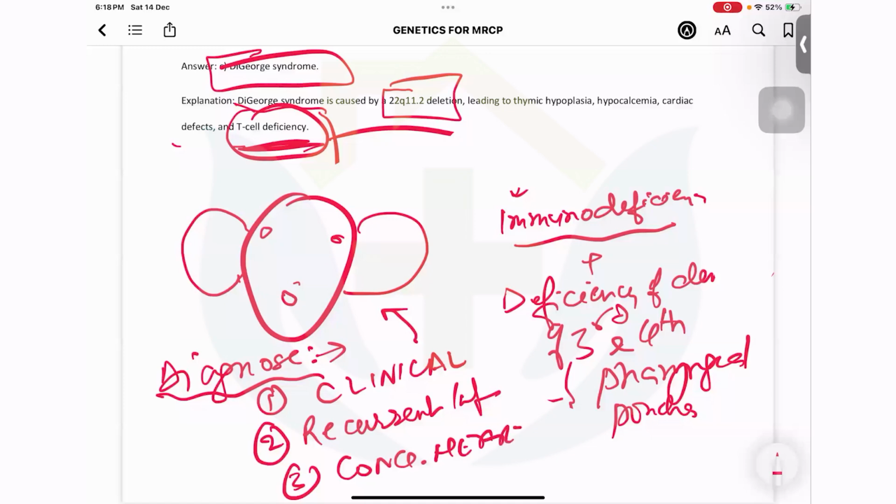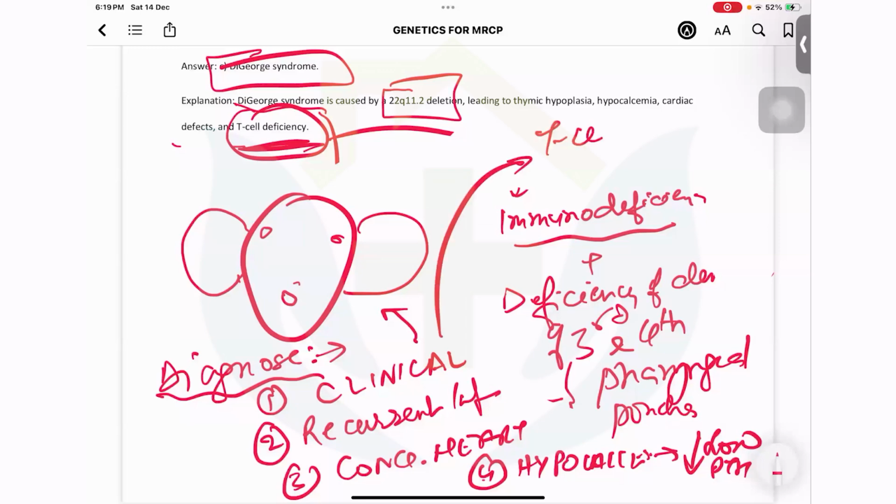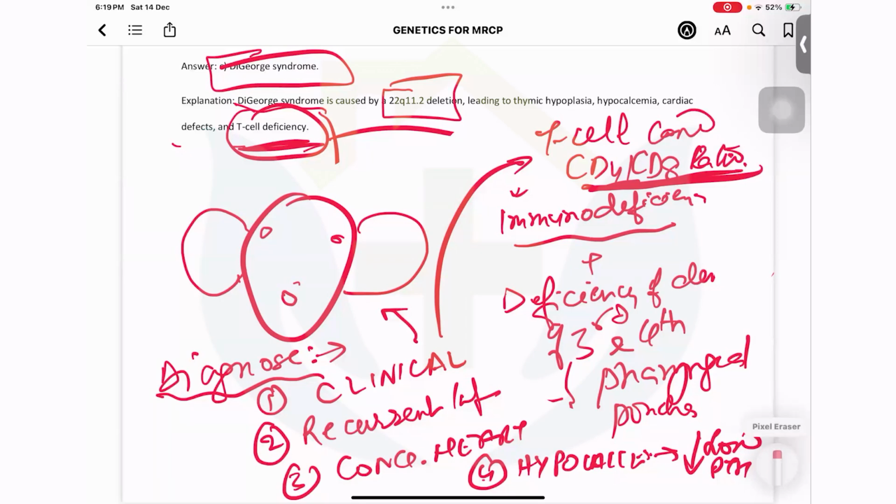They will have hypocalcemia, and if you check their parathyroid levels, they will have low parathyroid hormone levels. And you can get specific T cell counts done, the CD4 CD8 ratio. They will be down, so this will be disturbed.